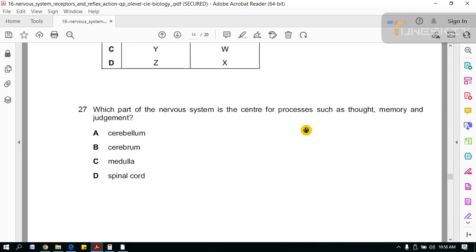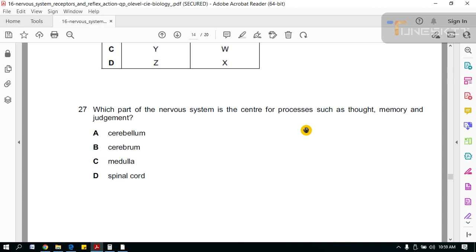Which part of the nervous system is the center for processing such as thought, memory and judgment? Okay, which one? Cerebellum, cerebrum, medulla, spinal cord. As we know, cerebrum, which is the hemisphere, is involved in the function of thought, memory and judgment, reasoning and all these functions. So option B is correct, because cerebellum, we know it is involved in balancing and coordination.